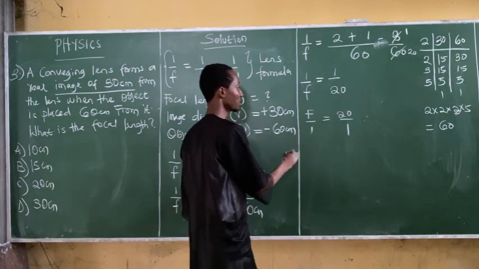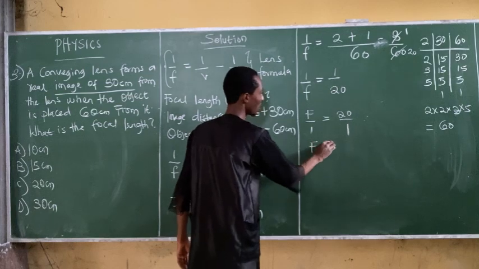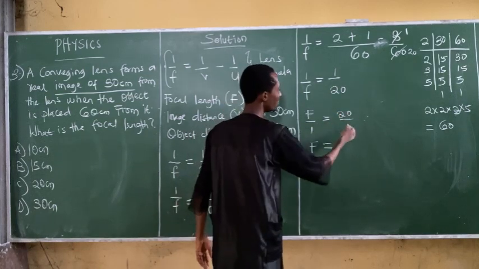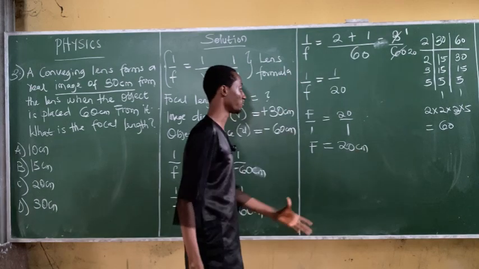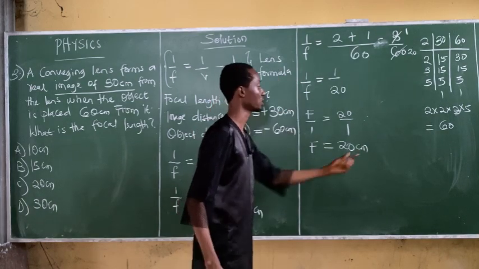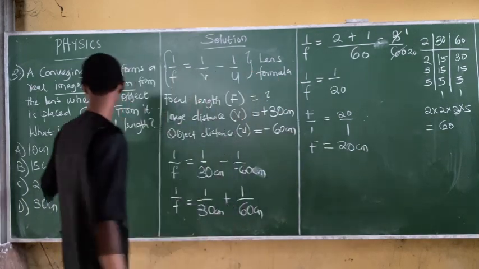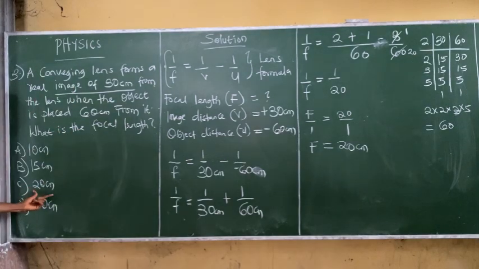Anything divided by 1 is that same value. So the focal length is 20 cm. From the options here, option C happens to be the correct answer with 20 cm. So option C is our final answer.